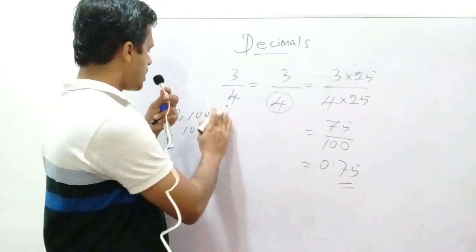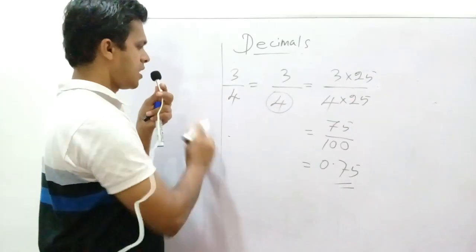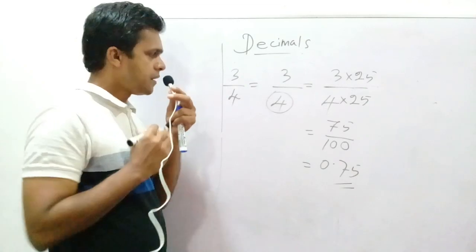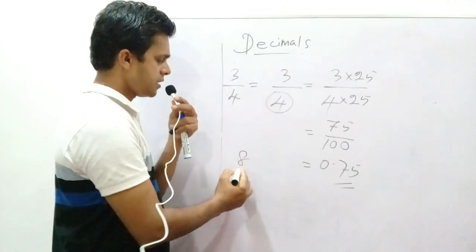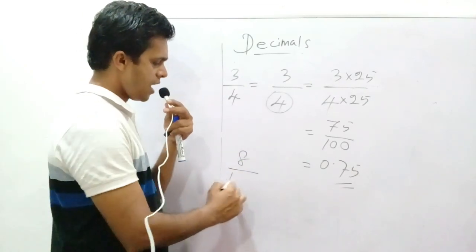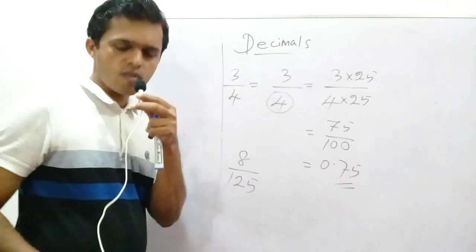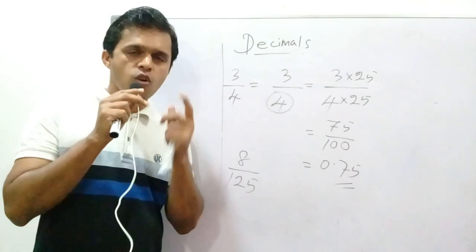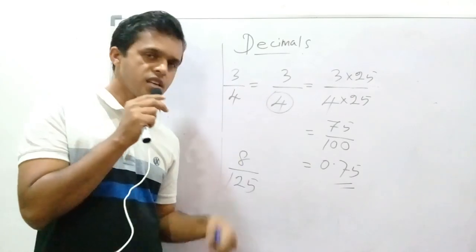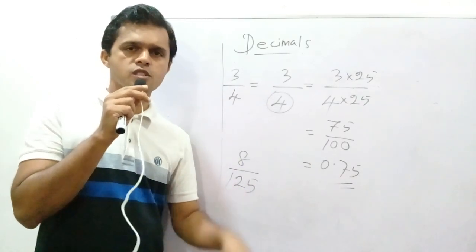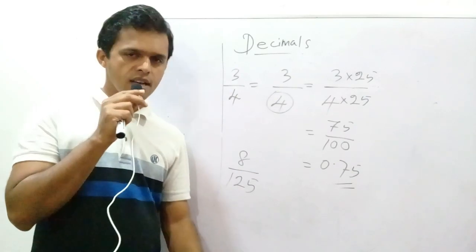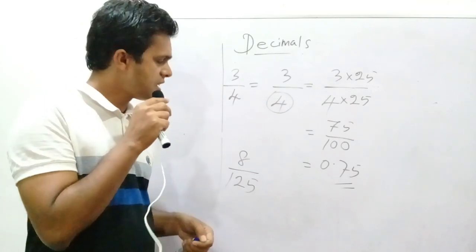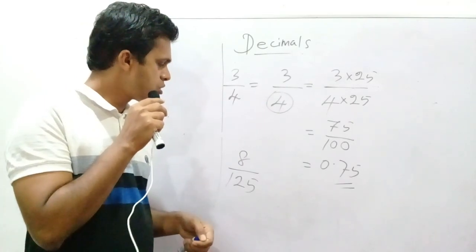Now think of this sum. How do you do this one? 8 over 125. How can you convert this fraction into a decimal number?